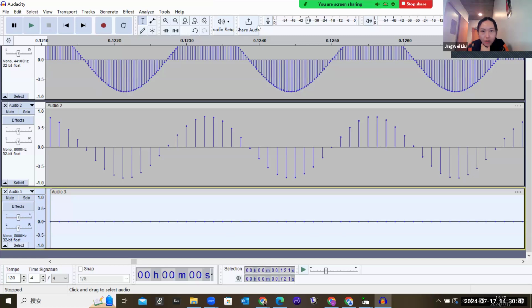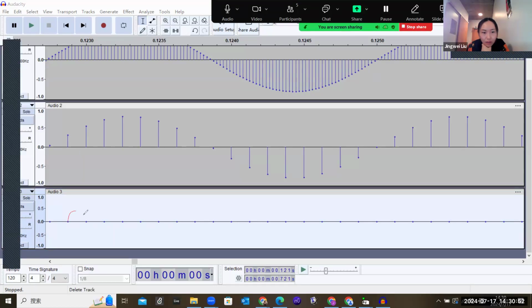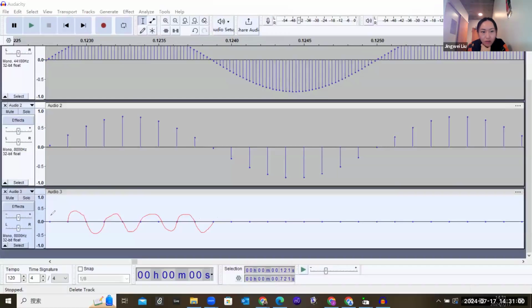Because actually what you really want here is like this, right? So the tune is like this. This is your 4,000 hertz tune, but because your sampling rate is too low, you only have 2 points to represent each cycle.